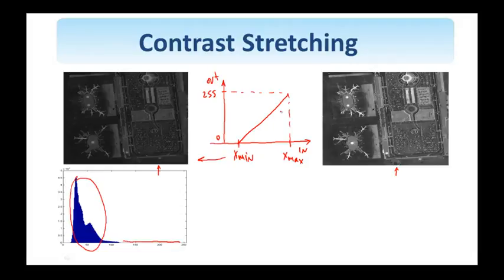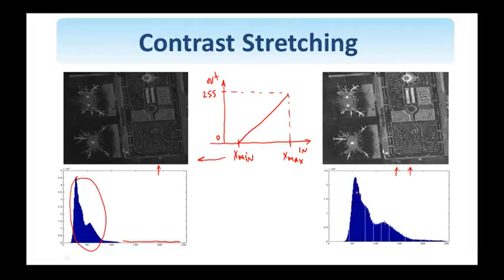And with this transformation, clearly we expand the range of intensity values, so there are more bright values here, so we would expect that the resulting histogram of the processed image is spread out somehow. And indeed, if we look at it, it looks like this.